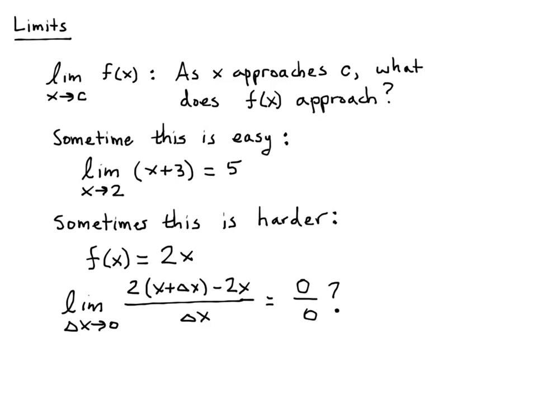Because as delta x goes to 0, we get 2 times x minus 2x divided by 0. And so that's not so easy. But we know for the function 2x that has a constant rate of change, the rate of change is the slope, which is 2. But yet, substituting 0 in for delta x doesn't really help us very much.